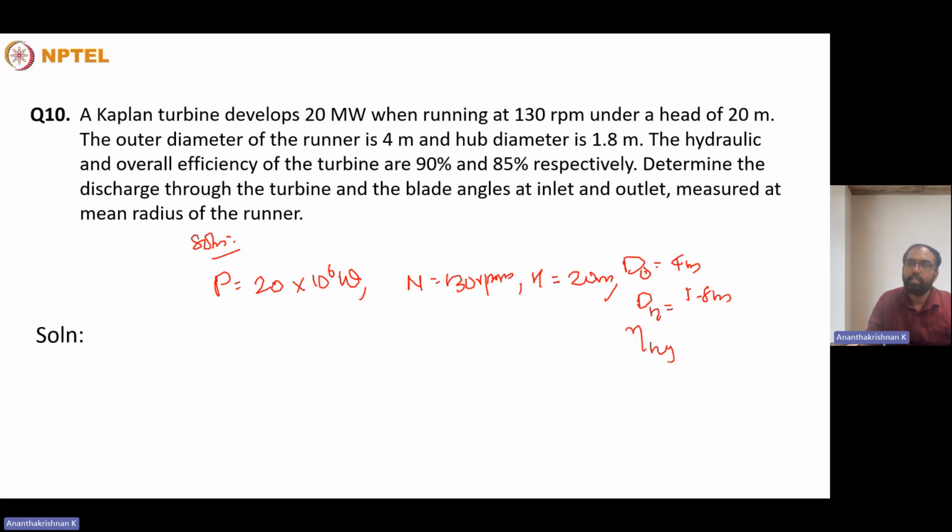Hydraulic efficiency is equal to 0.9. Overall efficiency is equal to 0.85. We can determine the flow discharge component or the flow rate from the overall efficiency.